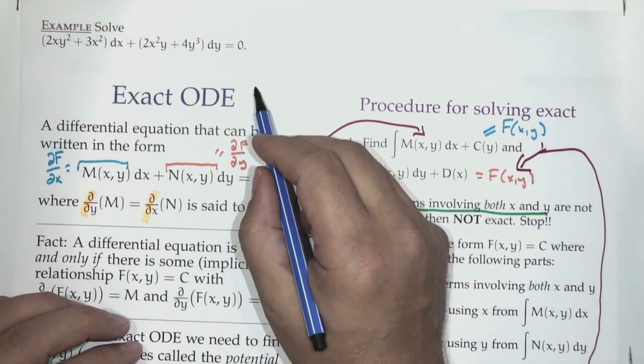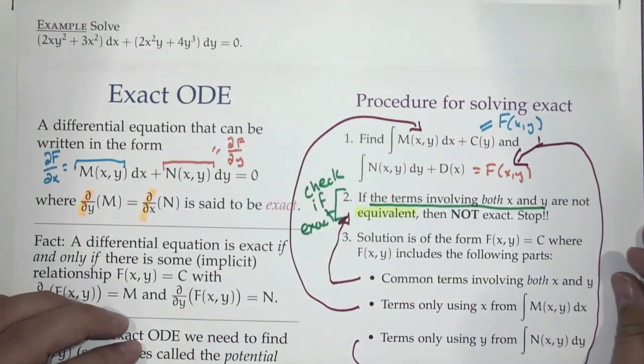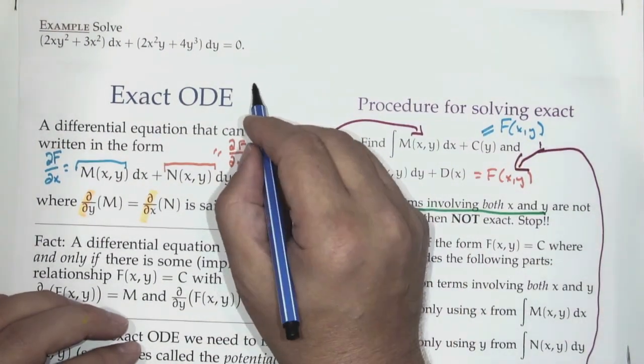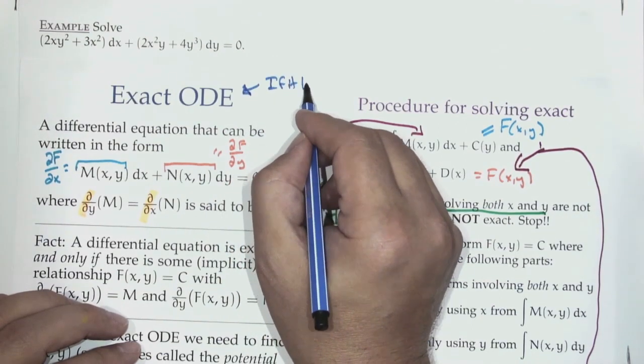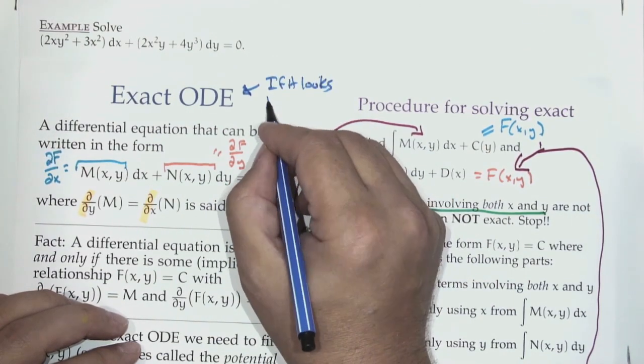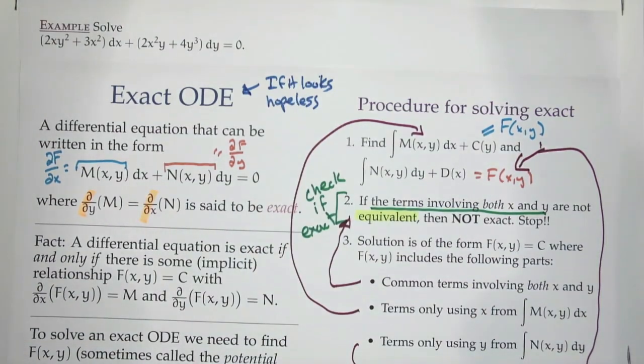Well, this is not an exhaustive thing, but here's if it looks hopeless, try exact. So in other words, it looks really messy and complicated, and there's lots of stuff floating around.